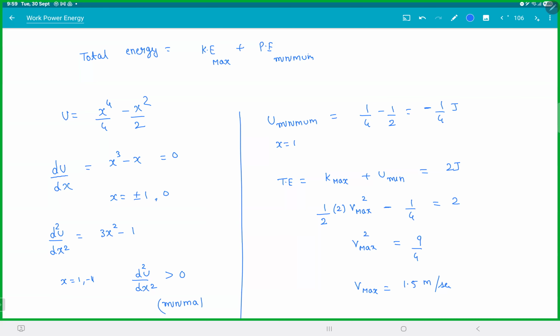Let's see one more. This is a force time graph. Let's say this is 5 seconds.